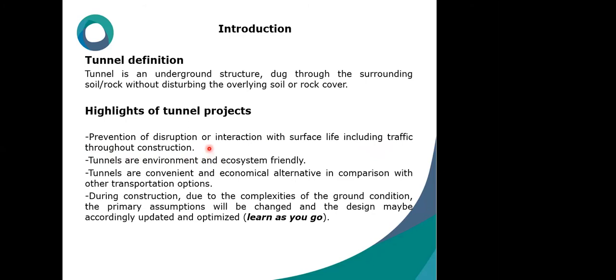What does it mean? It means that we are under the earth, we are underground, so the normal life could happen on the top of the ground without any disruption for the lives of the citizens. Tunnels are environmental and ecosystem friendly.